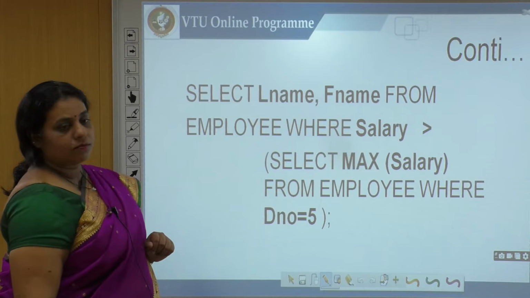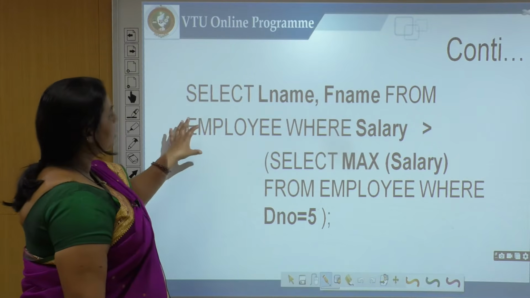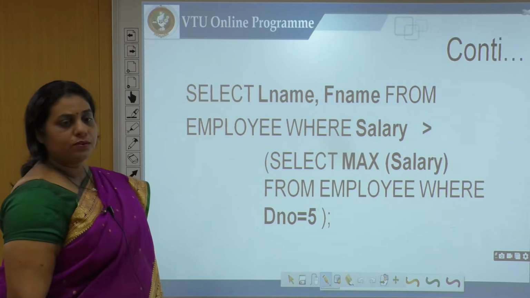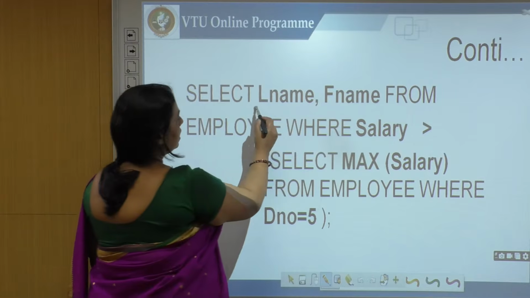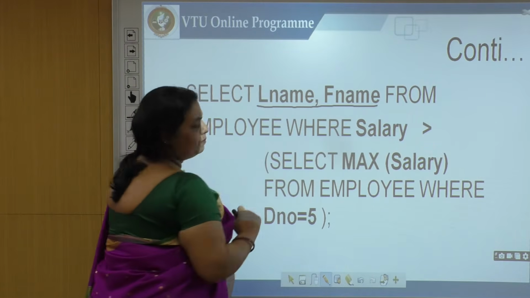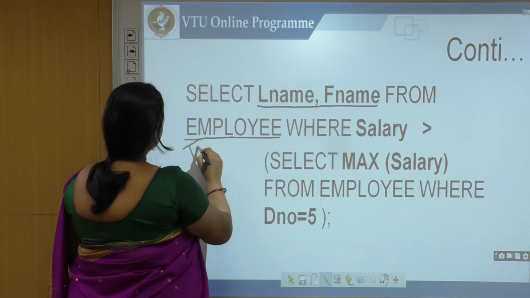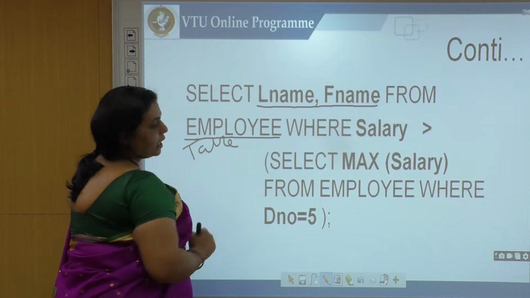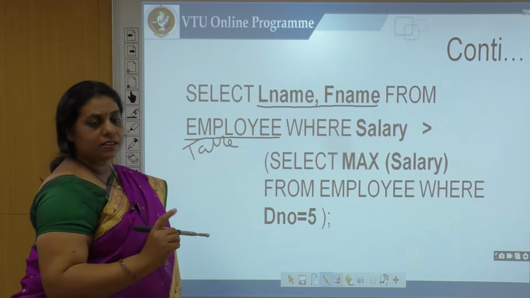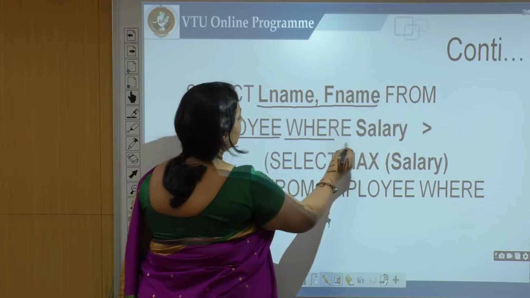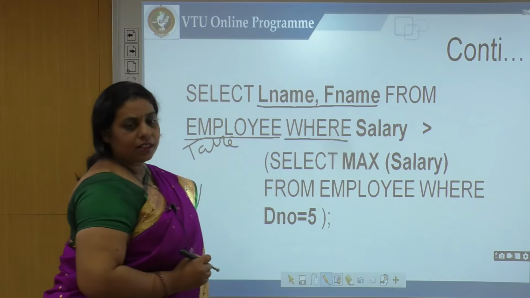If you look at the last example, I wanted the list of the employees' last name and first name from the table employee, but I had a restriction. So I am using where here, right?